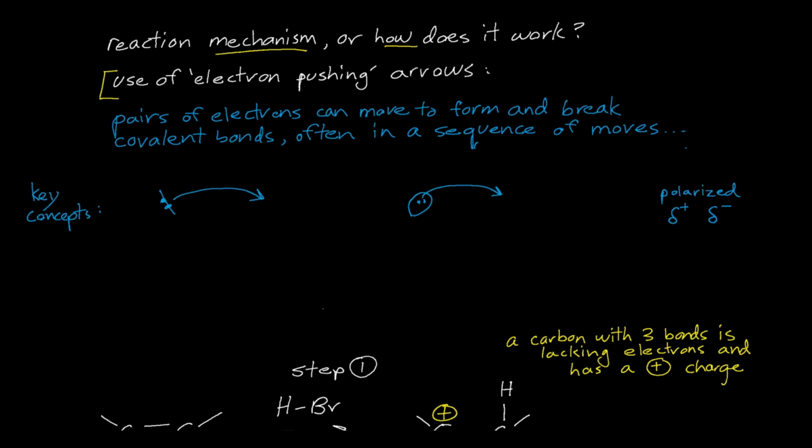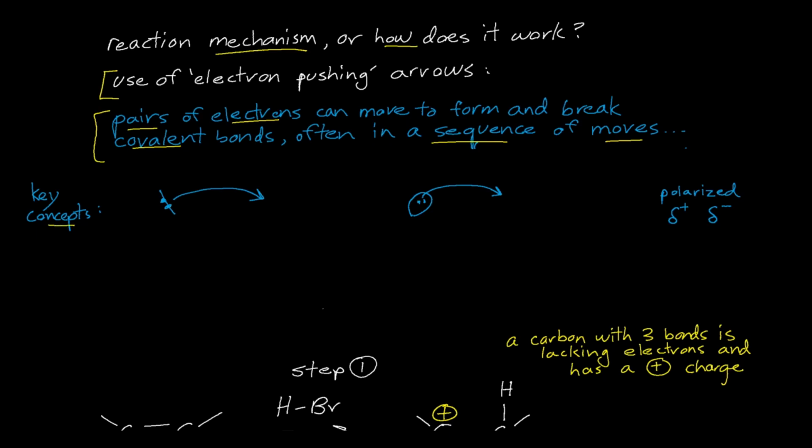Electrons, the things that orbit atoms. Pairs of electrons typically move to form and break covalent bonds, which is just two electrons being shared, right? That's where we draw every one of these single bond lines or double bonds or triple bond lines: covalent bonds. They often move in a sequence of moves, like all at the same time or one after another.